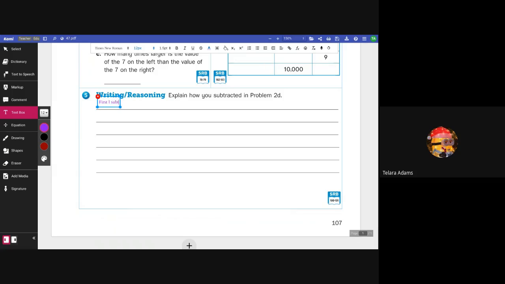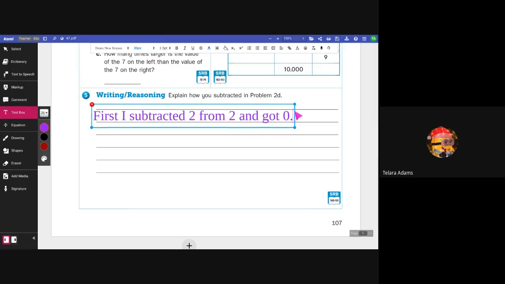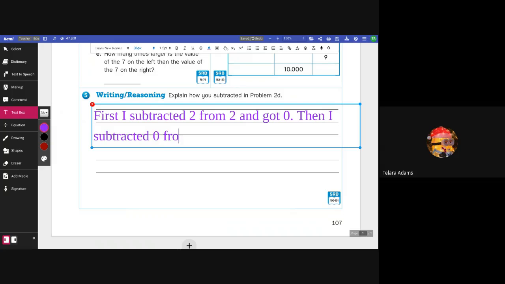First, I subtracted 2 from 2 and got 0. Oh, that's really small. I know you're going to say, Miss Adams, I can't see that. Then I subtracted 0 from 3 and got 3 in the tens place.